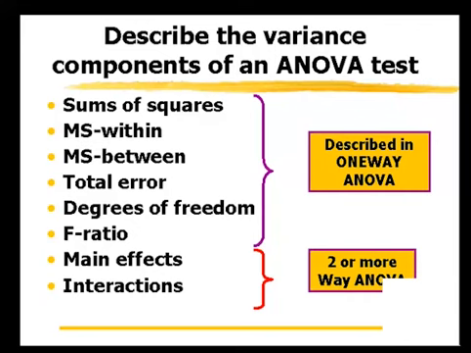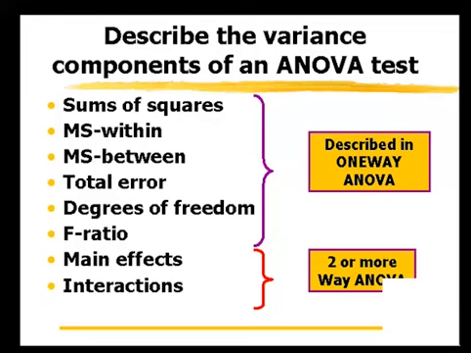And what we described in our one-way analysis of variance is sums of squares, mean square within, between mean squares, or mean squares among the groups, the total error, the degrees of freedom, and the F ratio. Now, in a two-way or more analysis of variance, we also have two other pieces of information in the table called the main effects and the interactions.